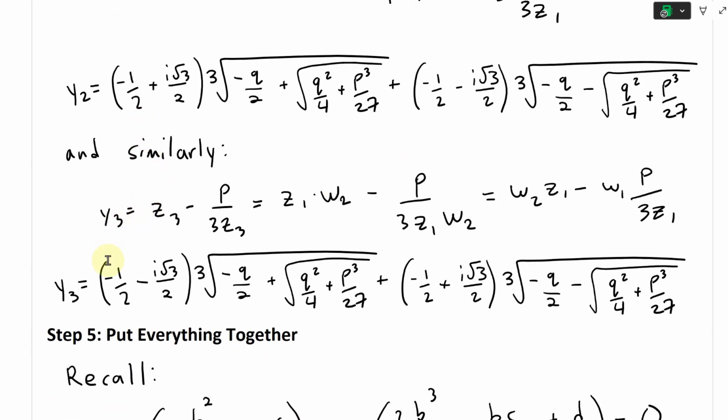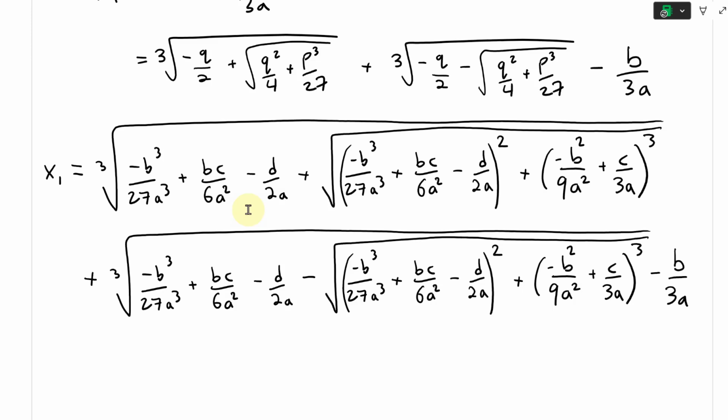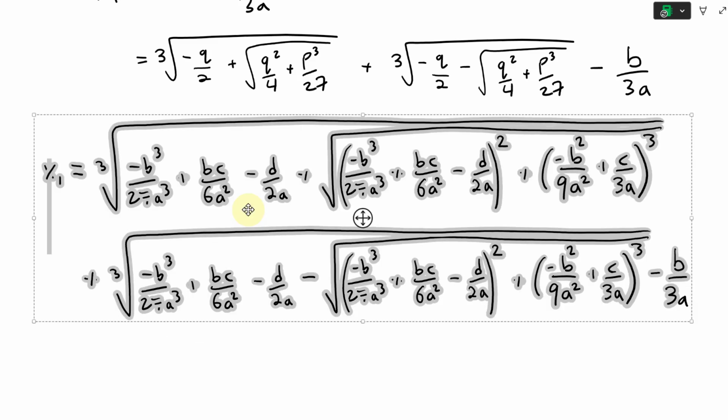And then for y3, it's exactly the same thing. Instead of w1 and w2, we have w2 and w1. And w1 and w2's only difference is plus is w1, minus is w2. So this means we can just copy and paste this whole thing and then add the complex factors. Okay, let's copy this.